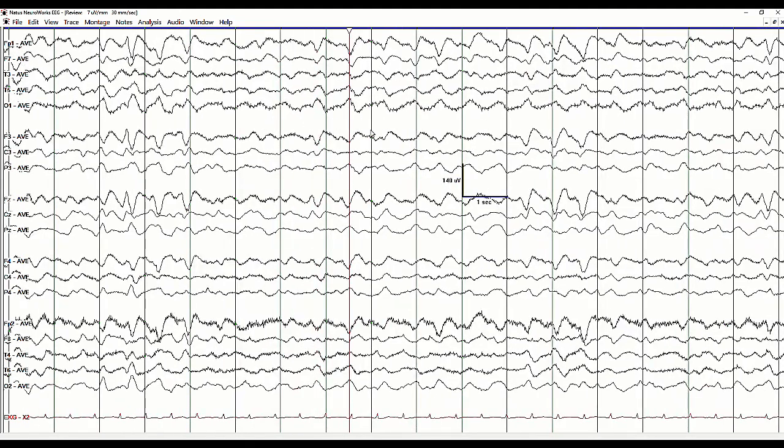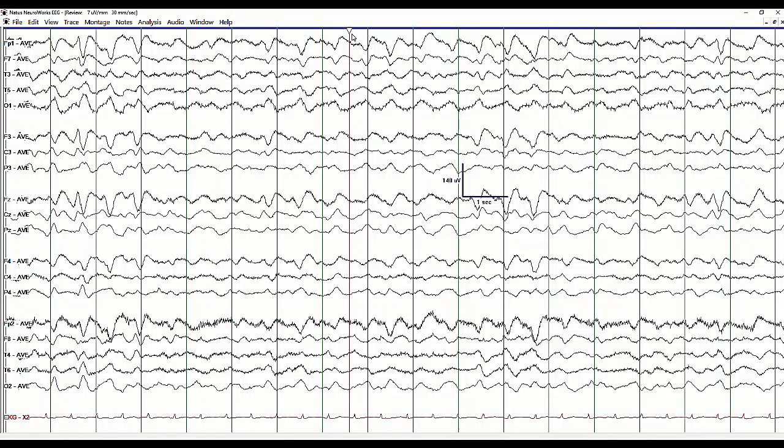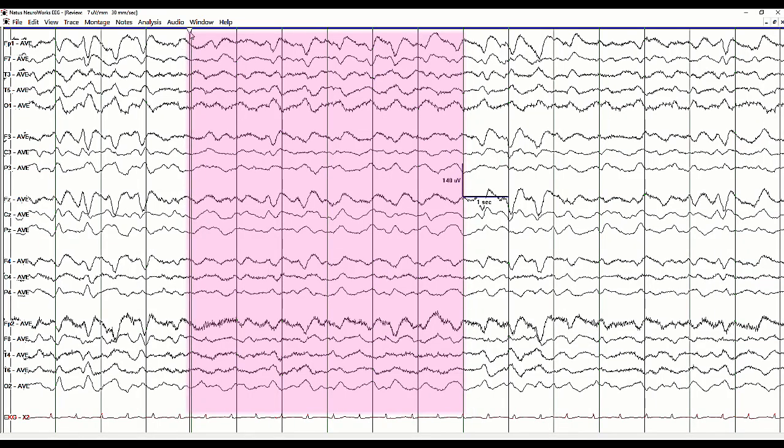But I do want to add this. If you look at the segment of EEG starting approximately right here, the 4th full second of this page, and then you look to approximately right here, where the scale legend happens to be, we can see that there are not so much GPDs here as there are rhythmic delta waves consistent with GRDA, or generalized rhythmic delta activity.